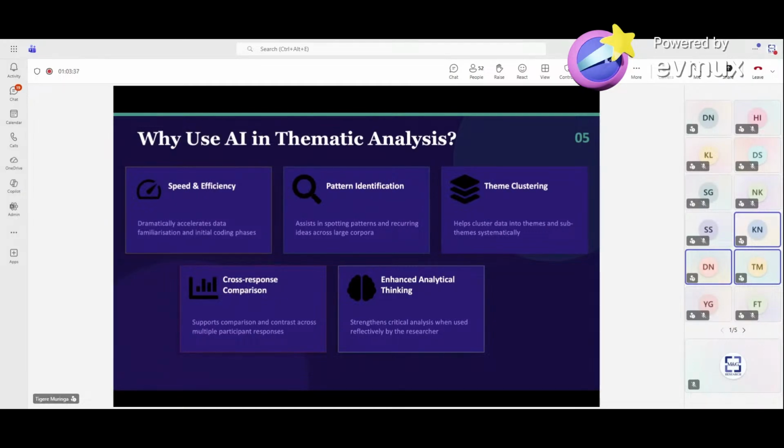Then we have pattern identification. They assist in spotting patterns and recurring ideas across large data corpora. This is the key strength of the generative AI platforms, because the capabilities embedded in them from the outset are meant to identify patterns and spot recurring ideas across large data sets.